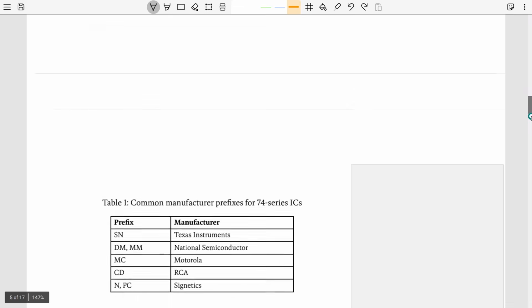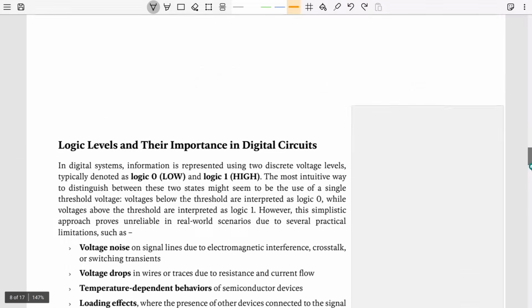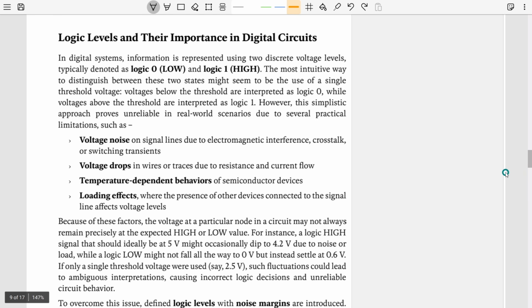So I think where we should start is with the concept of logic levels. Briefly we discussed the concept of logic levels, why that is needed in representing binary labels in logic gates.